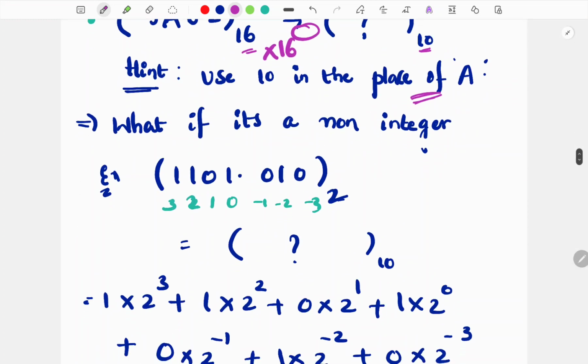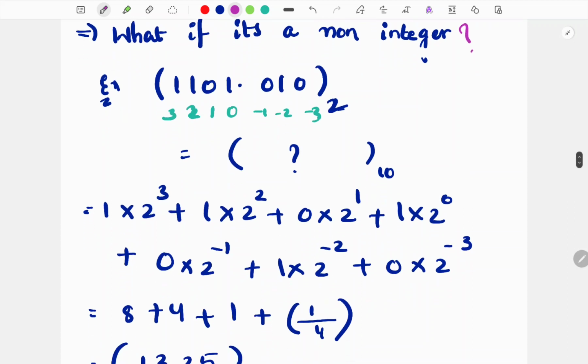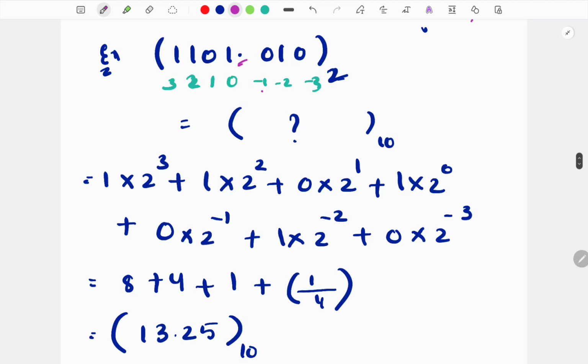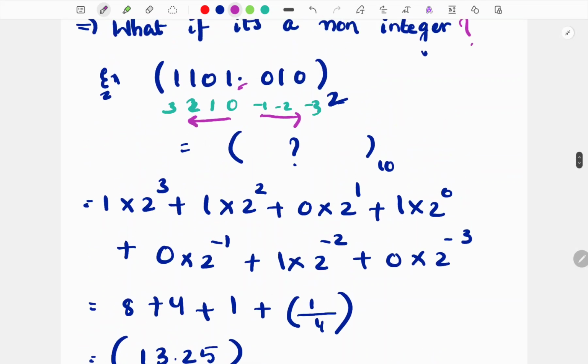We can have a doubt: what if the number is a non-integer? For example, 1101.010. For the fraction part we need to start with minus 1, whereas we went from 0 increasing. Similarly, we need to start with minus 1, minus 2, minus 3. So this will be the place or power for the fraction part.